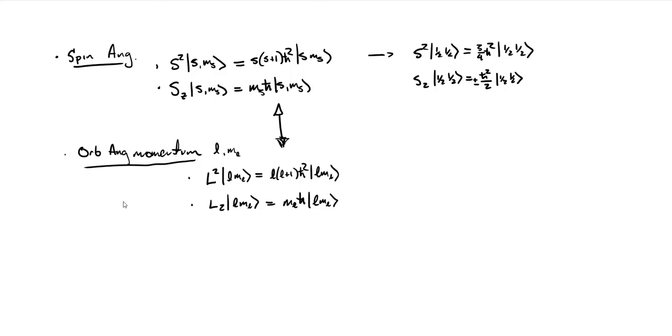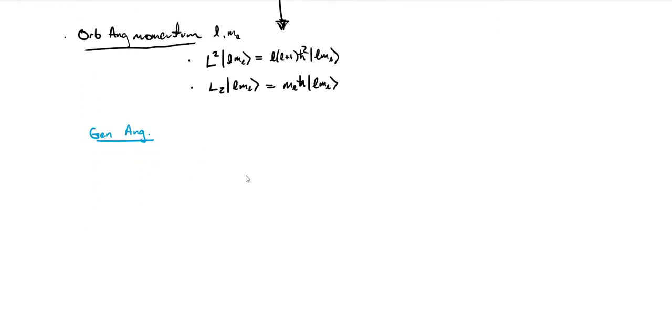And in general, when that's the case and we're just looking at generalized angular momentum, instead of L or S, we'll just call that generalized angular momentum J, and it'll have a generalized angular momentum quantum number and a generalized magnetic quantum number associated with it.